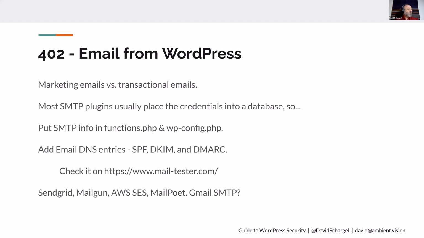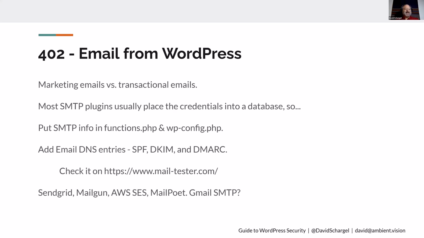DMARC is the current big one. It's really important that people have that. It essentially prevents people from sending an email on your behalf. And there are things at the bottom: should you use SendGrid, Mailgun? Should you use these things? How about yes. If you have a low volume site, sure, why not? Use Gmail.